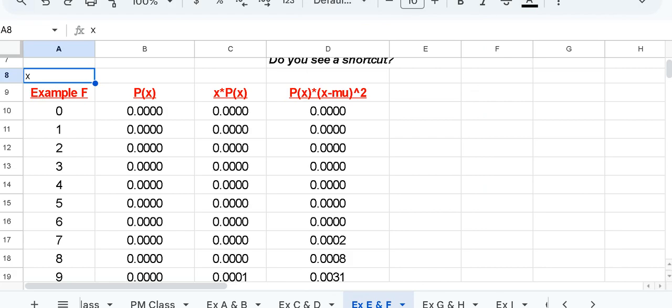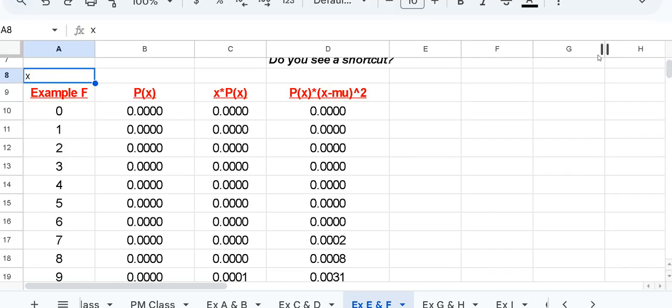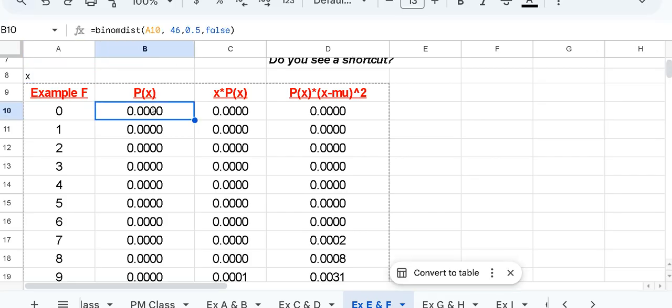So here's your x, here's the probability. To get those probabilities, I'm going to refer back to this. That's my number of successes. The total number in the sample or the trial is 46, probability of success is 0.5, etc. There's your generic command.